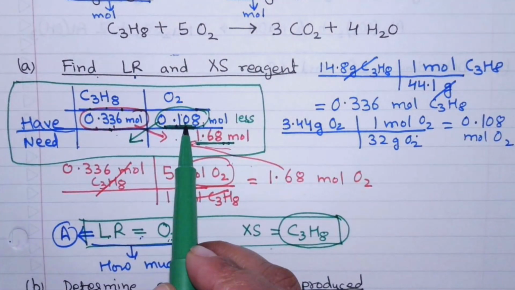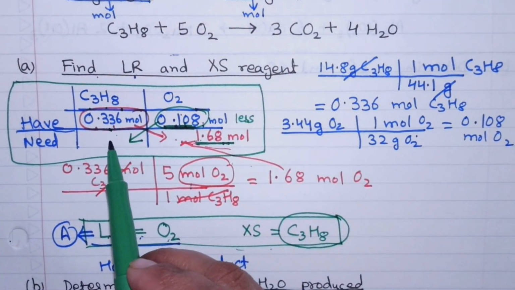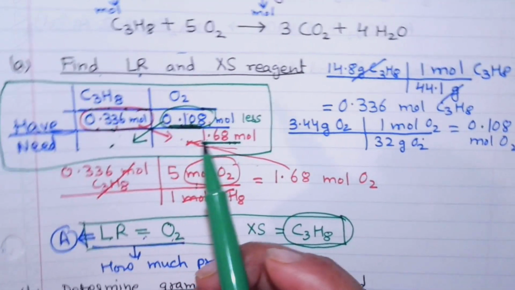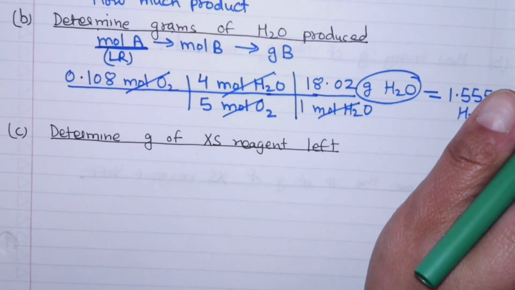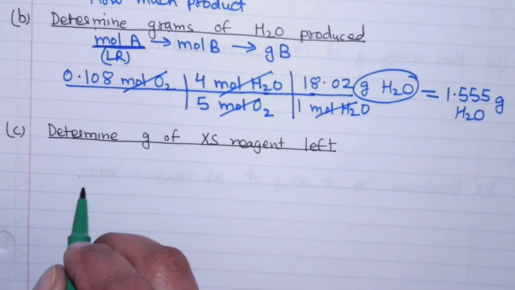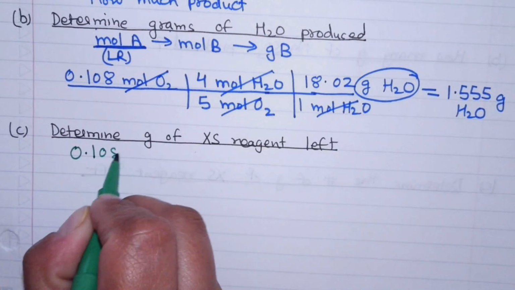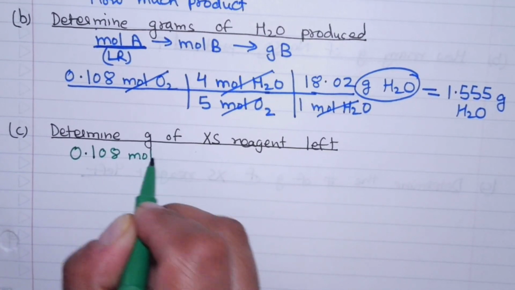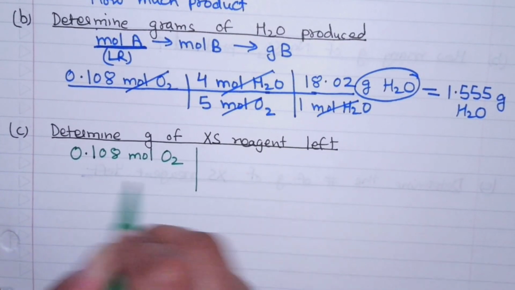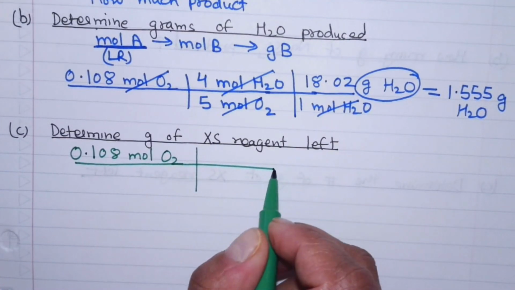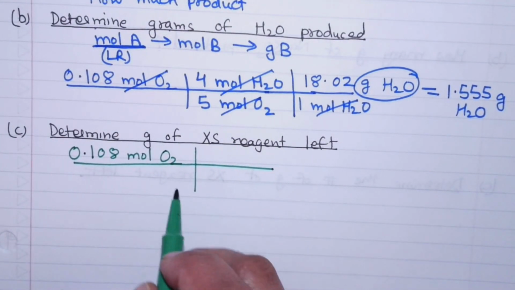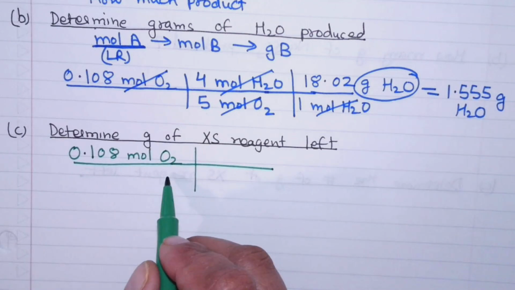So now oxygen is our A and we are solving for B right here, right? So you start with 0.108 moles of oxygen and see how many moles of C3H8 is required, right?